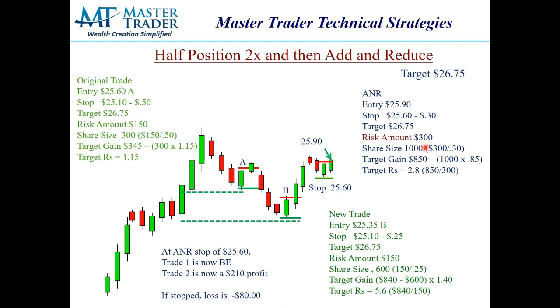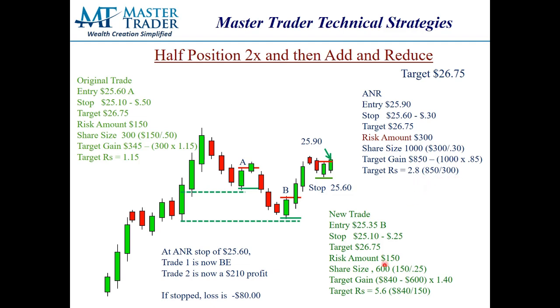But by adding that with that stop, I can add 1,000 shares. And if I make it to target, I'm going to make $850. Right? That's simply my 1,000 shares, 85 cents to target, $850 on this trade, risking 300 to make 850.